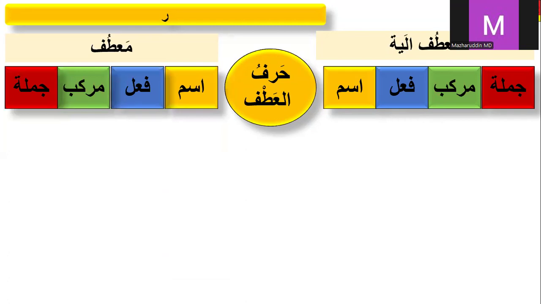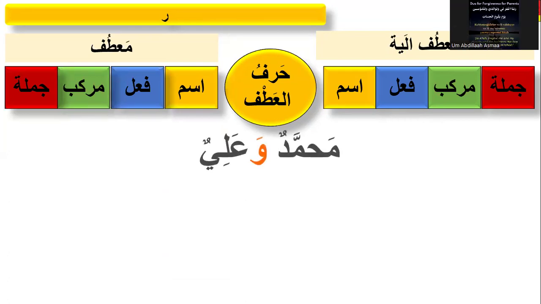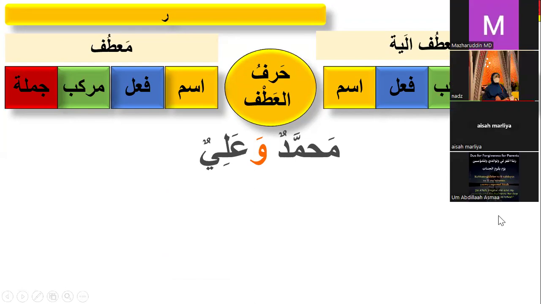For example, first the noun: Muhammadun wa Aliyun. Here ma'tuf ilayhi is a noun and ma'tuf is a noun too. Then amalu wa asma'u, fi'l. Ma'tuf ilayhi is fi'l, as well as ma'tuf.